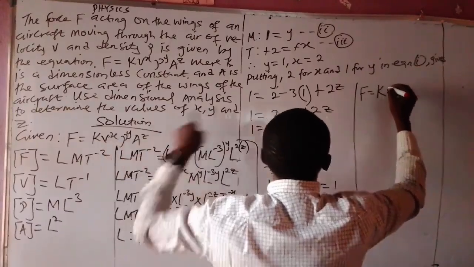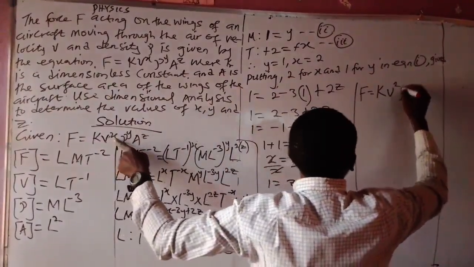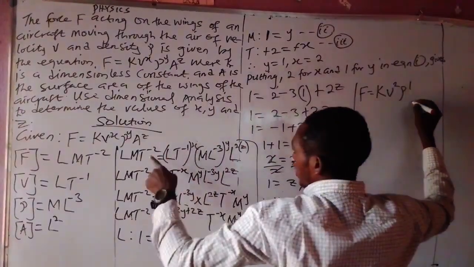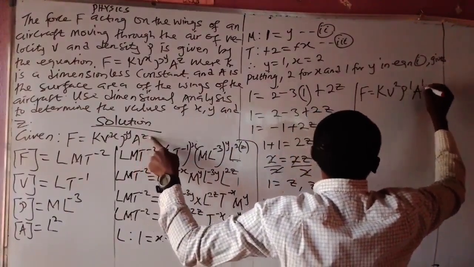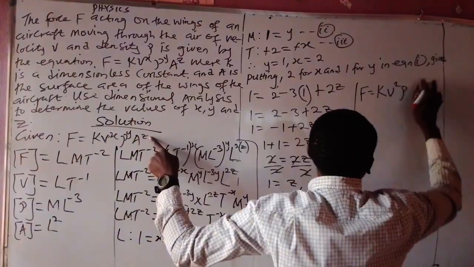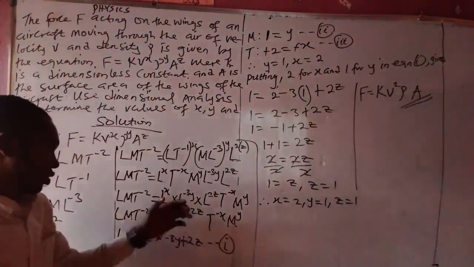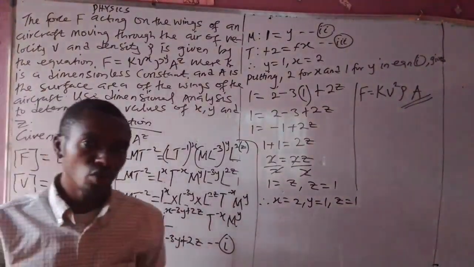So to become v, the value of x is 2, since it's raised to the power of x. We have rho, the value of y is 1. And then we have A, that is surface area, the value of z here is 1. So we can just leave them like this. So this is the answer to this question. So this is the solution. It's not difficult to solve.